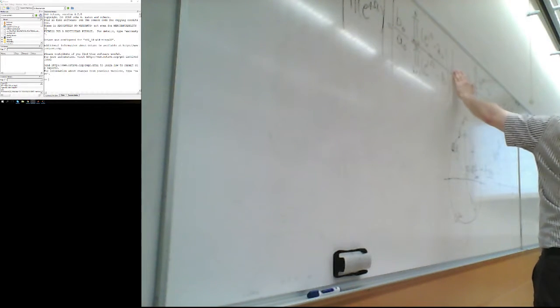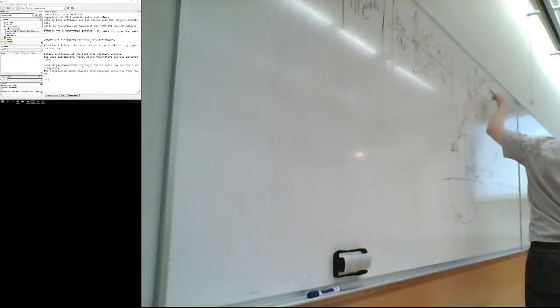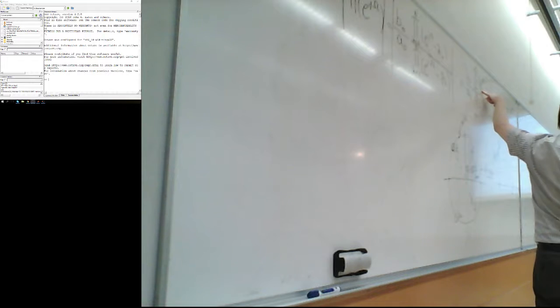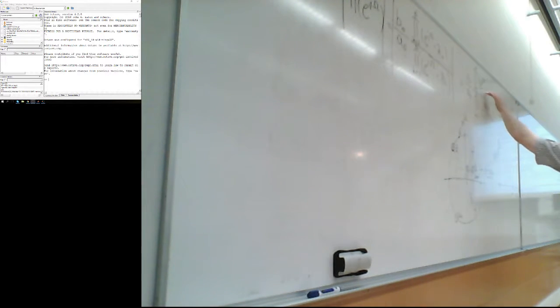You can take this one inside of that product, and that's actually distance. So the numerator is the product of distances to the zero points, and the denominator is the product of distances to the poles. Good.